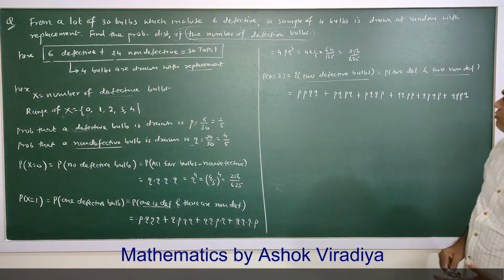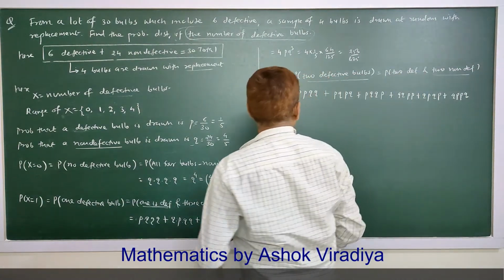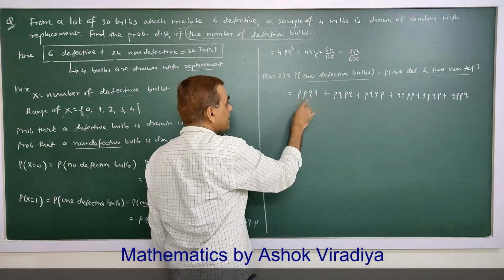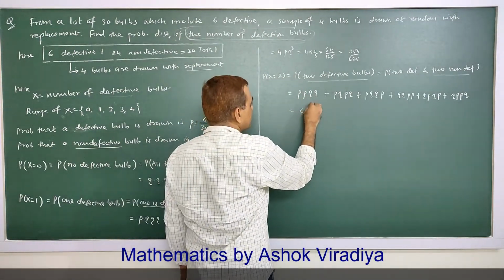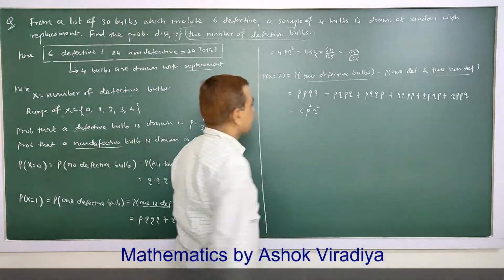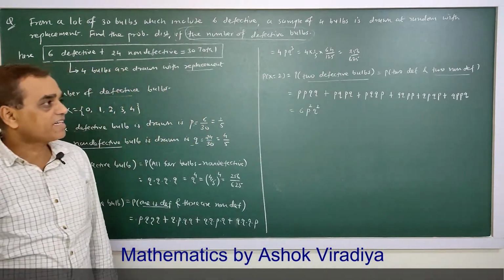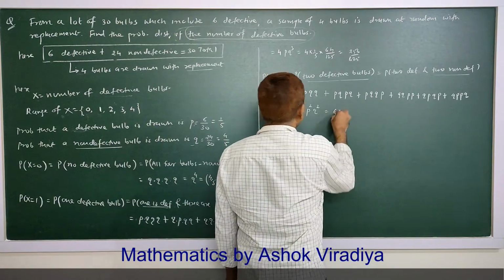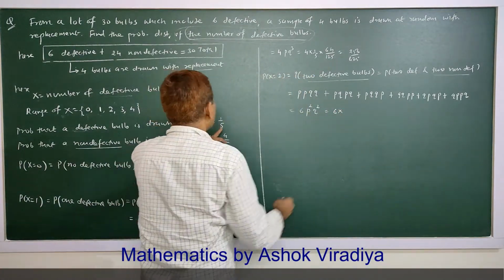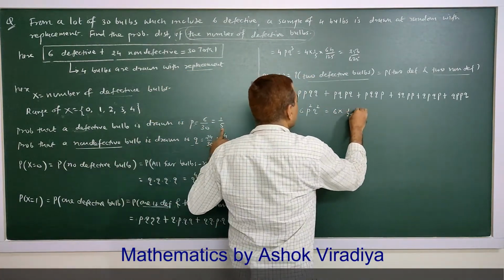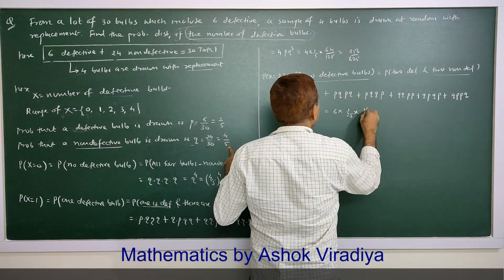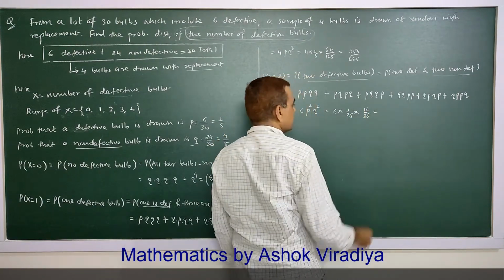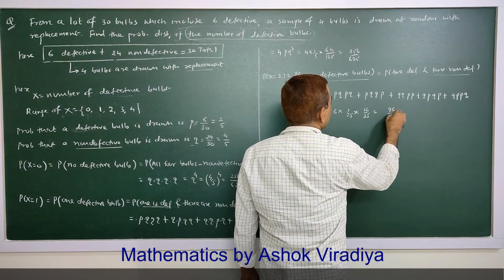So here we can see 6 times P square into Q square. 2 defective, 2 non-defective. So that is 6 into P square, which is 1 upon 25, Q square is 16 upon 25. That is 96 by 625.